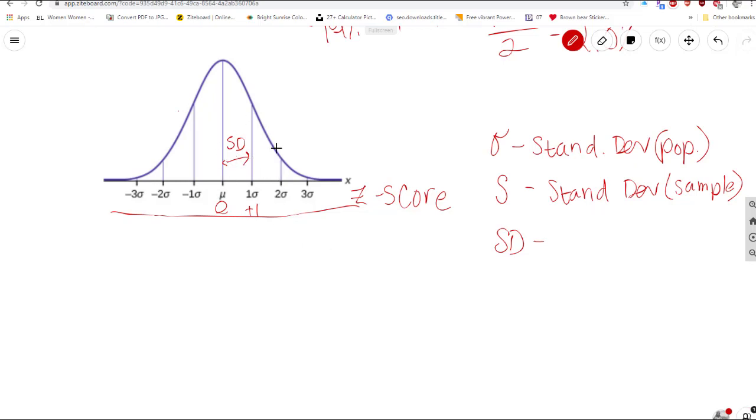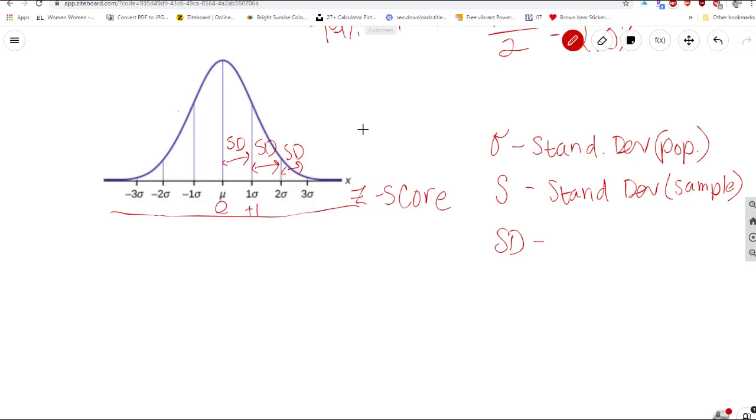Okay, so here's one standard deviation above the mean. It's going in the positive direction. This is also going to be another standard deviation, and through here another standard deviation. And standard deviations can just keep going indefinitely. You could have something that is 15 standard deviations above the mean.